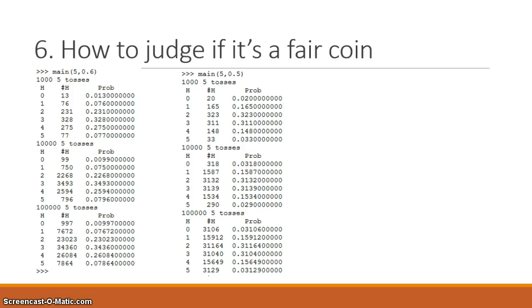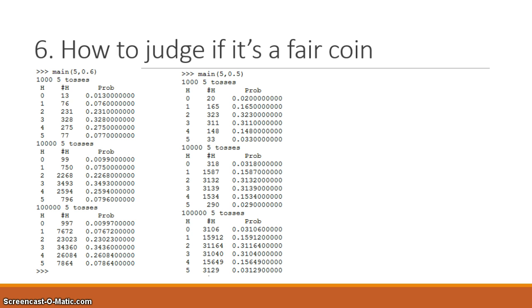We can see in the sample run of 0.6 pH, the 0 head and 5 head probabilities are not similar or approximate, and the probability of 1 head and 4 head is also not approximate, and it's like that for 2 head and 3 head.